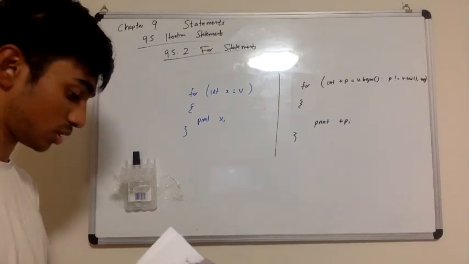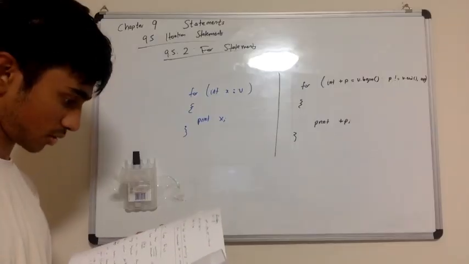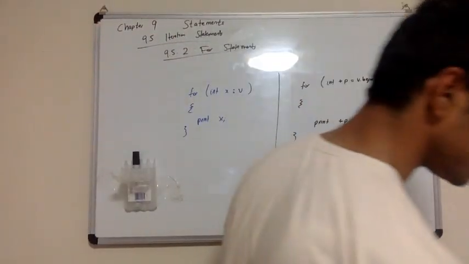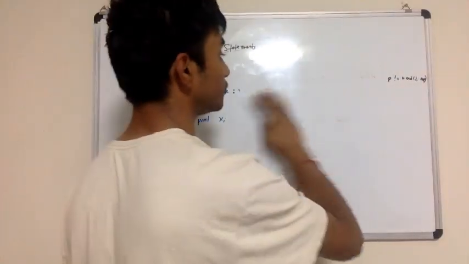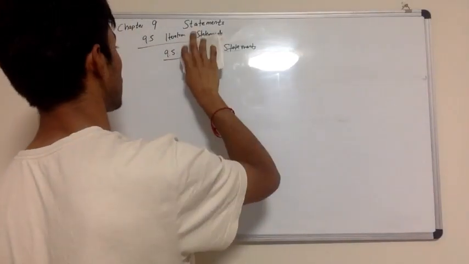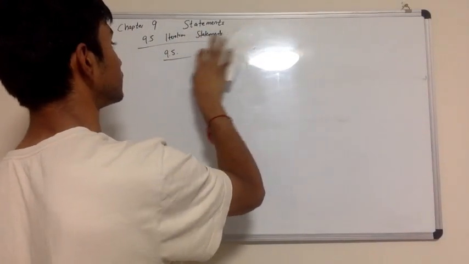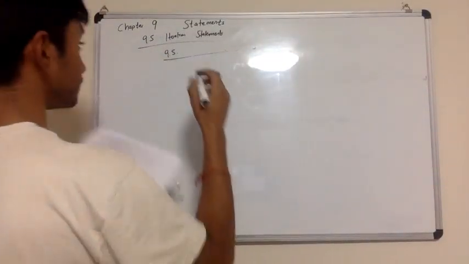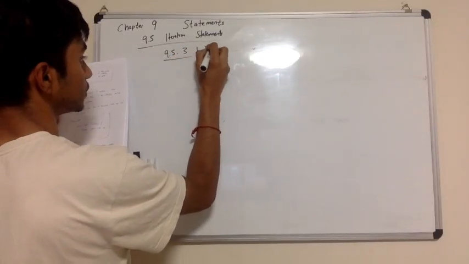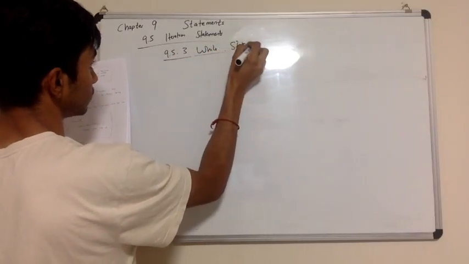Okay. While statements. So we talked about for loops. Now we got while loops. 9.5.3 while statements.